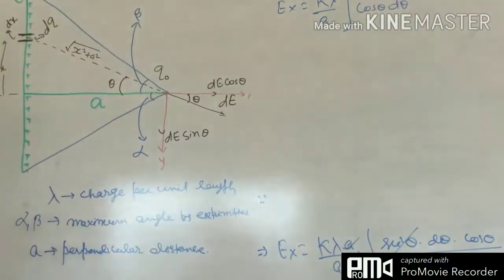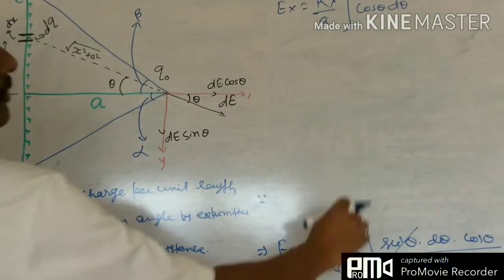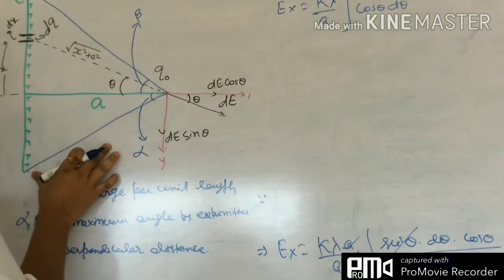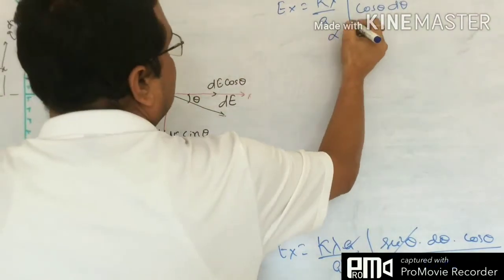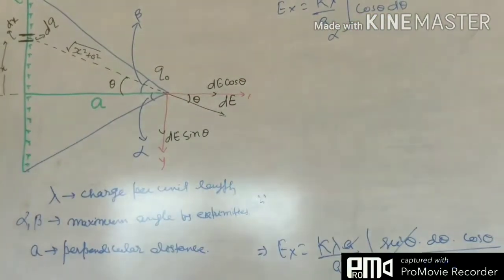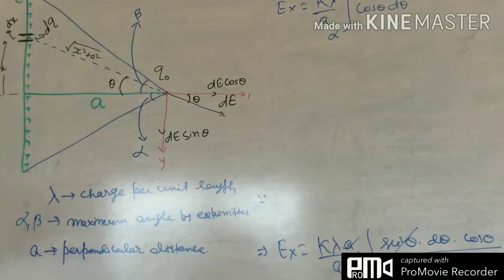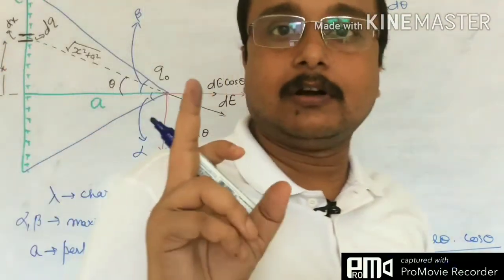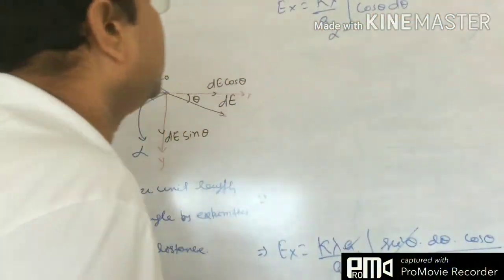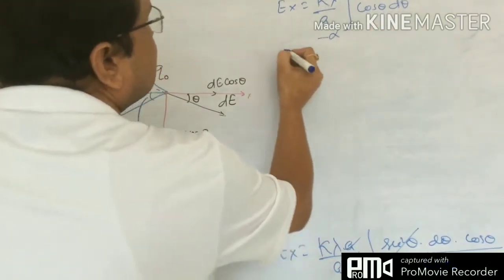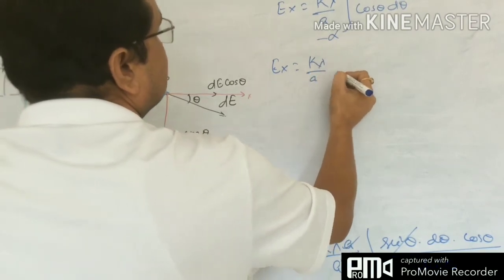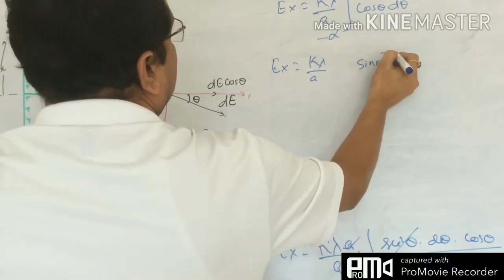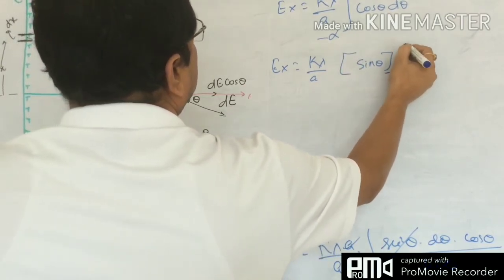Now what is the range of theta? Theta varies from alpha, where alpha is the angle made by the lower point, and beta is the upper point. But below this line we have to move in the anti-clockwise direction, and above this line in the clockwise direction. That's why we take one of them as negative and the other as positive. So we are taking alpha as negative. The integration of cos theta is sin theta, and theta varies from minus alpha to beta.